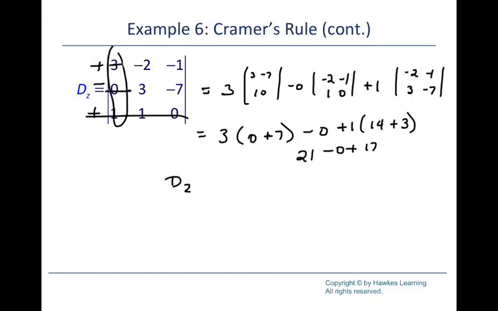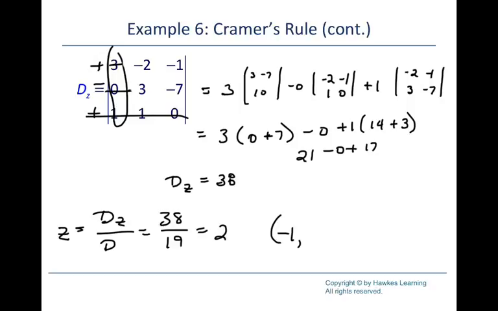So dz is equal to 38. Okay, so we know that z is dz over d, which is 38 over 19, or 2. So we found out that x was 1, y was negative 3, and z is 2.